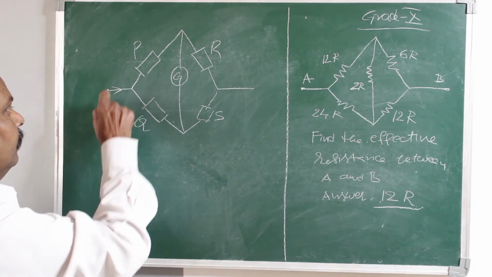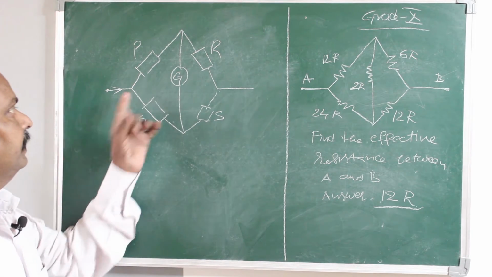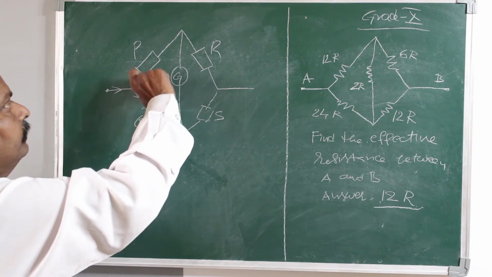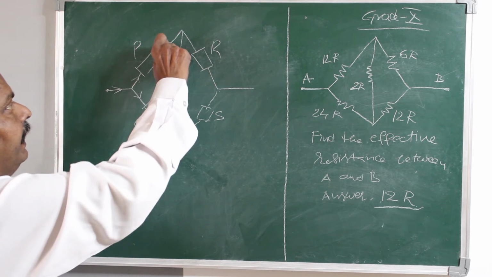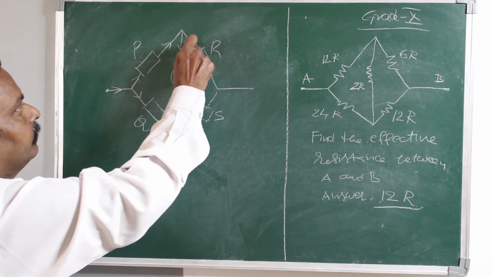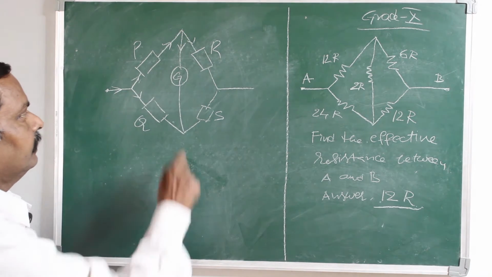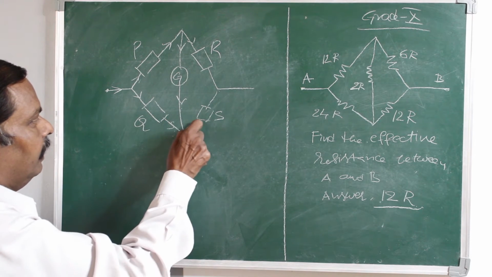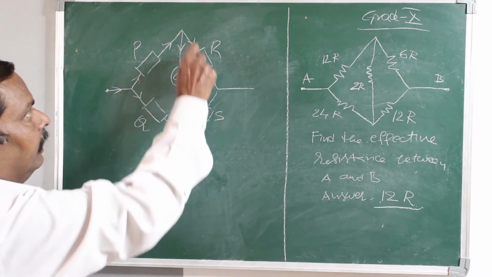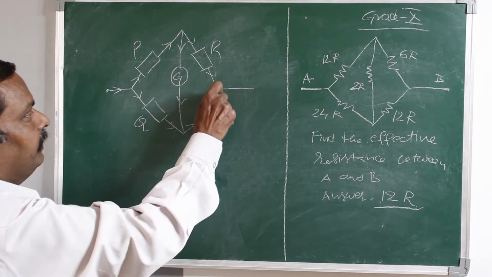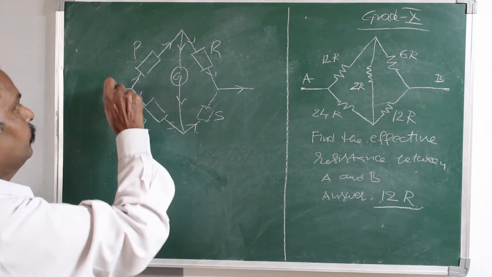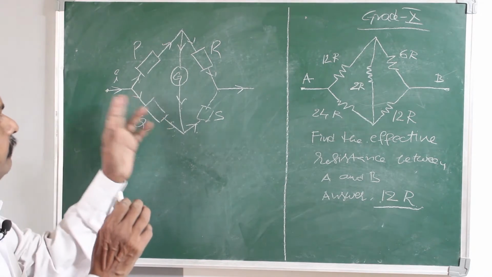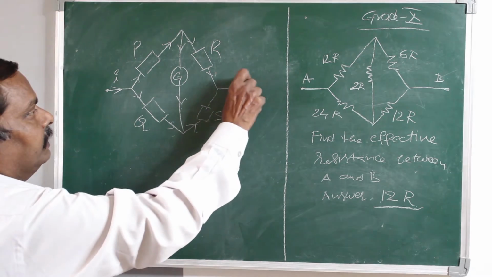Suppose current enters at this junction and divides into two parts. One part goes in this direction. Again the current at this point becomes two parts. These currents will join, and the total current meets here and becomes I.